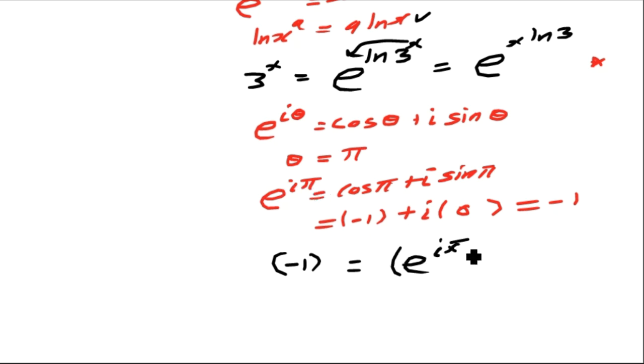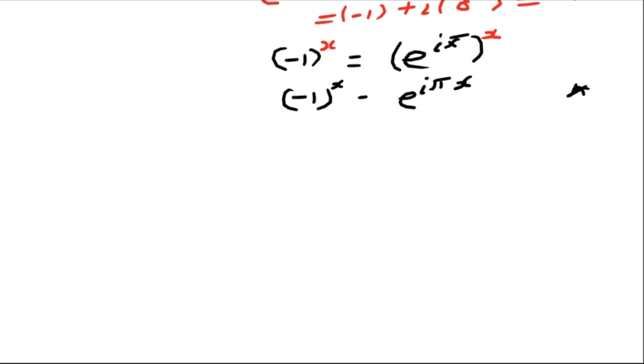So if we raise both sides of the equation to power x, what will you have? You will have negative 1 raised to power x equals exponential i pi times x, which is i pi x. So we found the second equation.